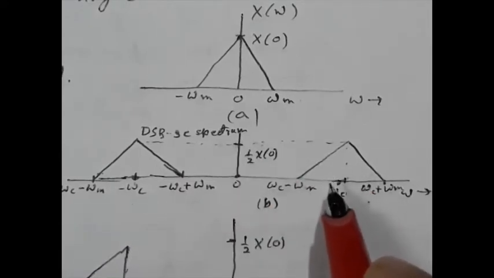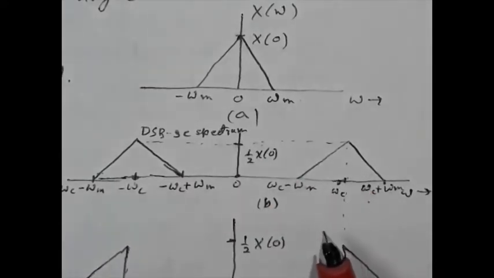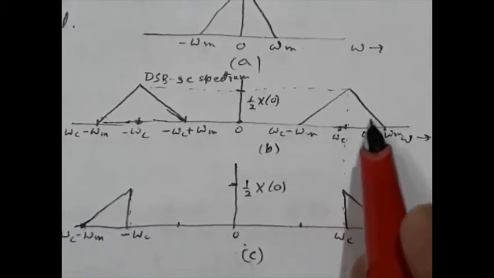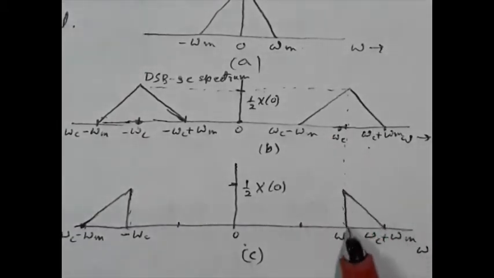So in this new technique, single sideband suppressed carrier system, we will transmit any one of the sidebands, like this one. Here the lower sideband is suppressed and we allow only the upper sideband to transmit, or we can suppress the upper sideband and transmit only the lower sideband.